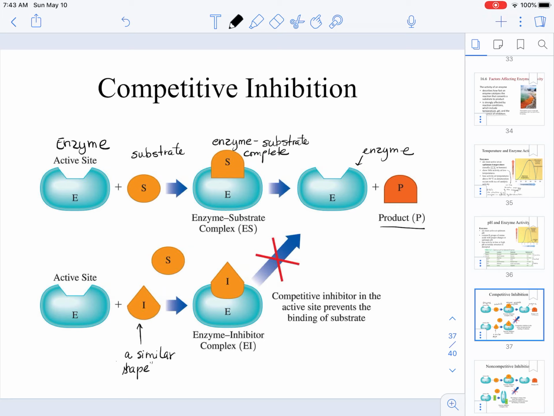So shape in quotation marks, but in reality it is going to be a similar molecular structure to the substrate for the enzyme.